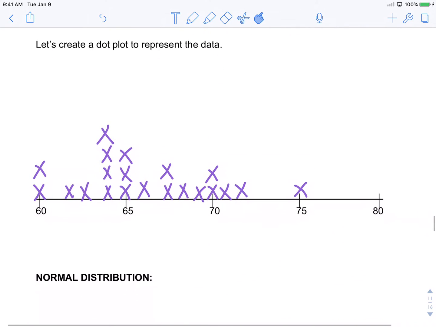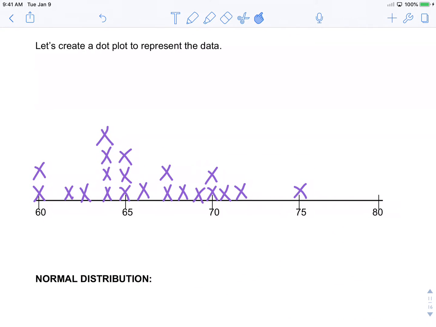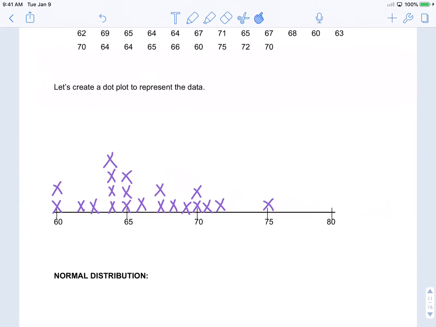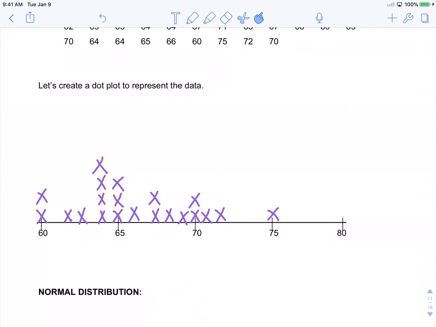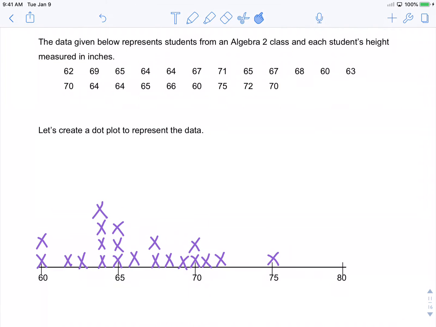So after you're done graphing yours, this is what mine looks like. I didn't make any extra tick marks in between 60 and 65, but I graphed where it approximately would be. And this is the information that I have plotted from the data given of the height in inches of the students in the Algebra 2 class.